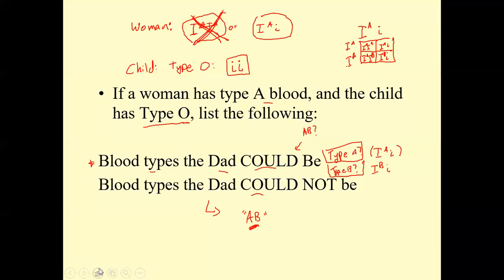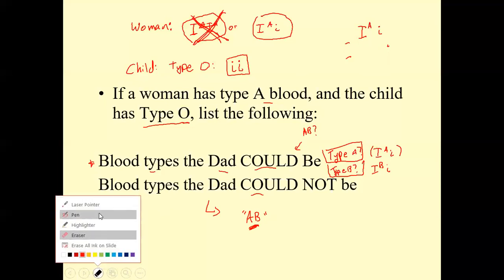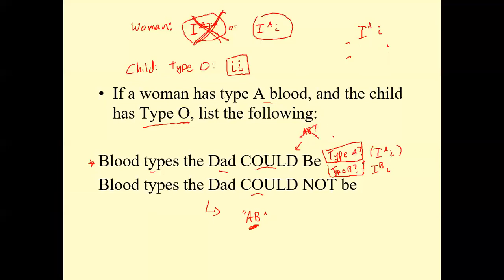So could the dad be type O? The answer would be yes. We can go through and do that Punnett square as well. Just to put this all together to wrap it up, I'm going to eliminate that he couldn't be AB, but what if he was type O?